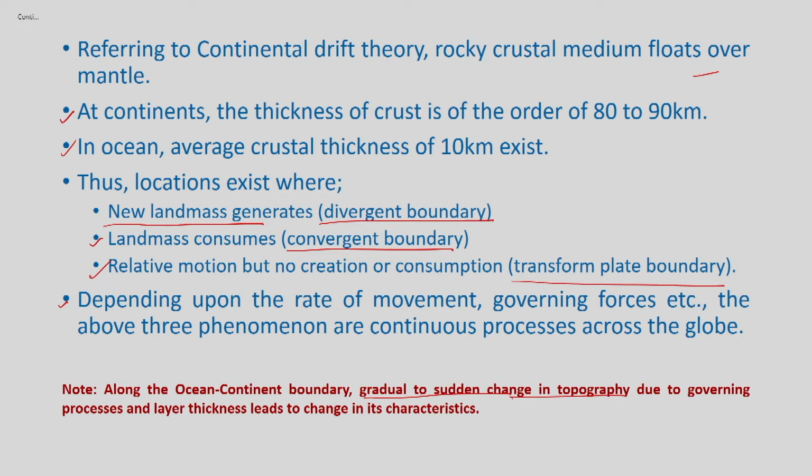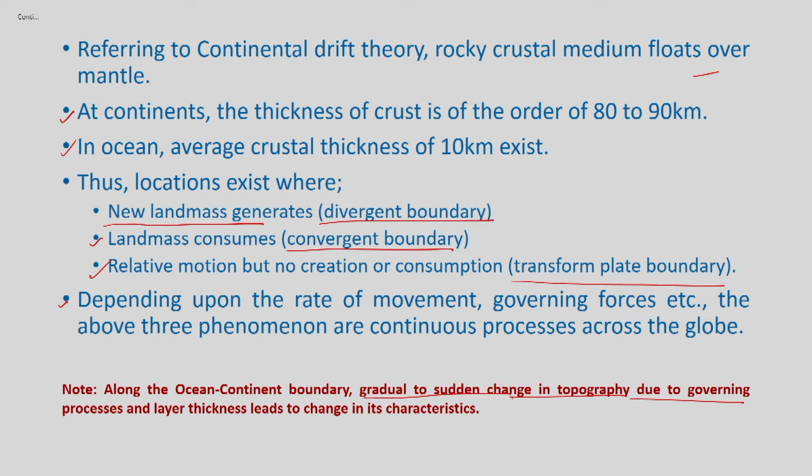I am talking about the interface. So, there is a continent, there is ocean, and between the two, in the transition zone from the continental plate to the oceanic plate, there will be a gradual to sudden change in the topography of the medium due to governing processes.